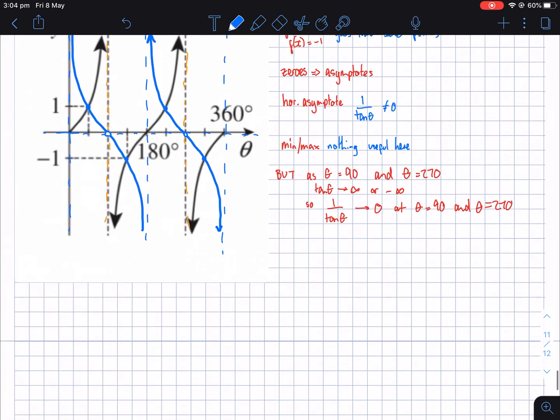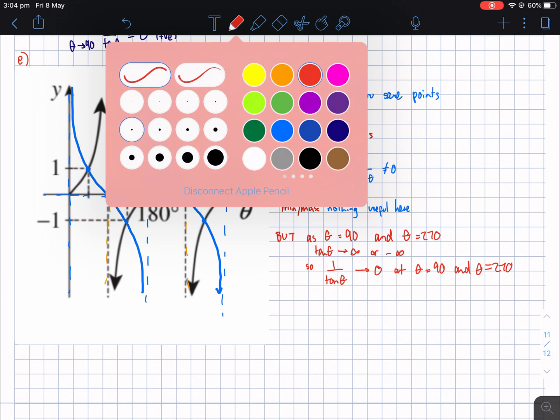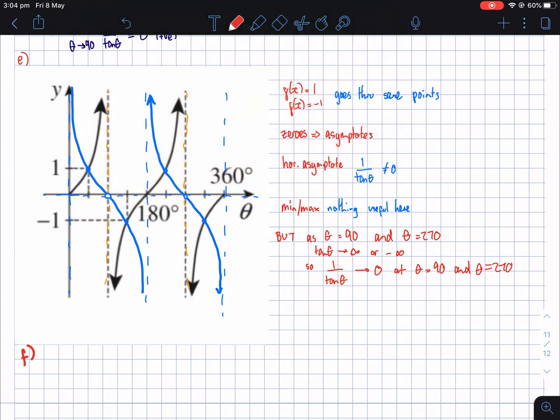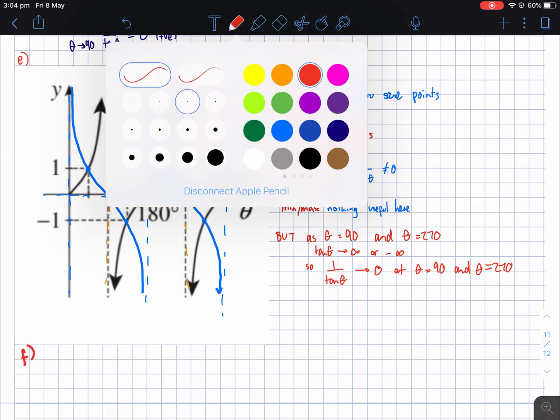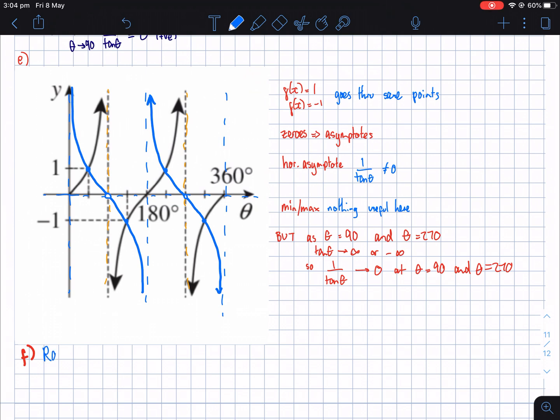Is that all it wanted? F. What is the range of the reciprocal function? Now, this is interesting. You see how y keeps going up here and down here?